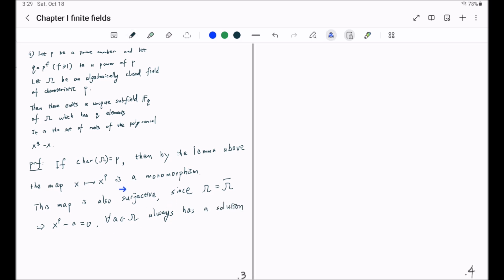And this shows that this map is also surjective. So this map is an automorphism.